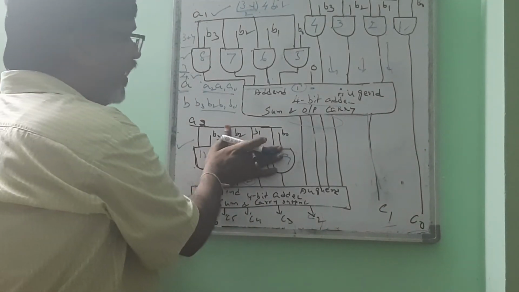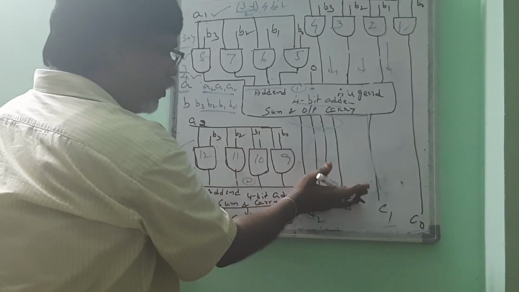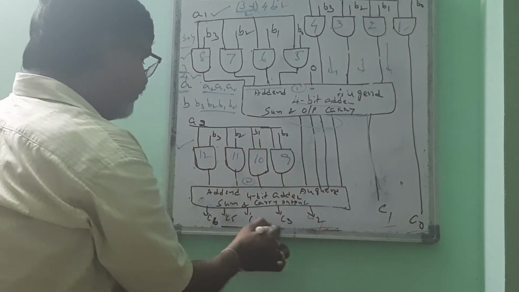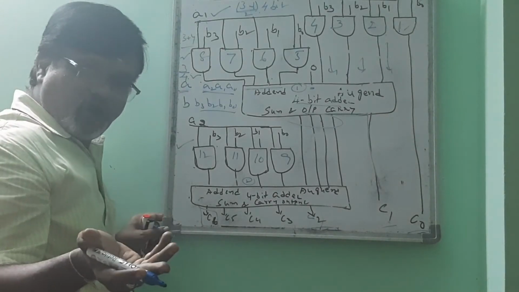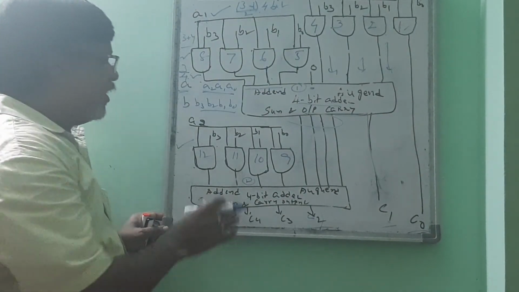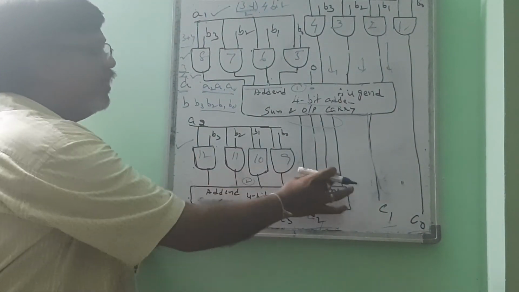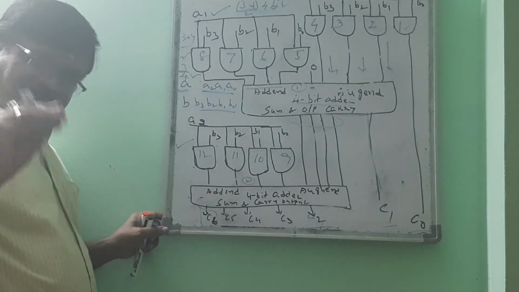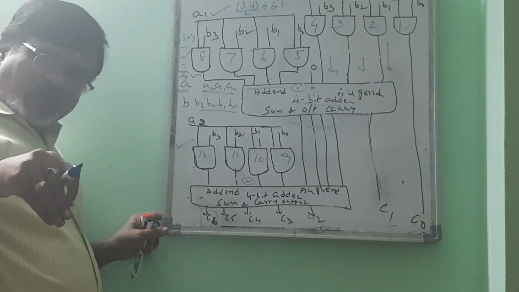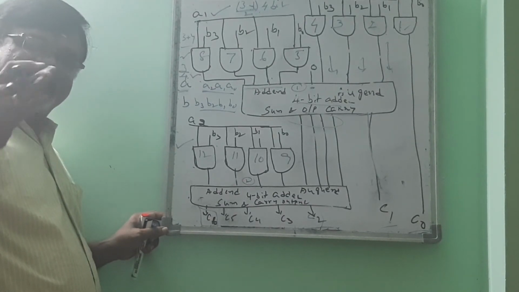So when 4 bits are added to 4 bits, the sum will be 5 bits because of the carry bit. Of course, the carry bit may be 0 or 1, depending upon the values of these 4 and these 4 bits. But however, we will get 5 bits, and that fifth bit will be either 0 or 1 and is represented as a carry.